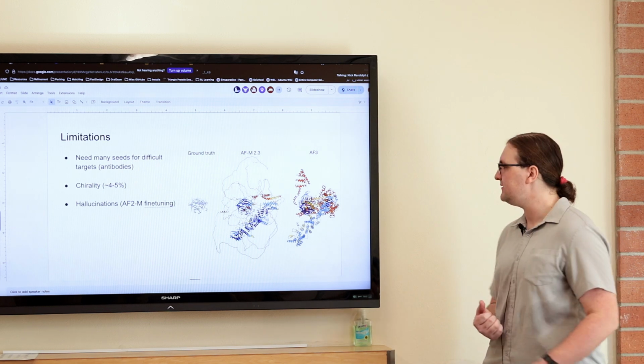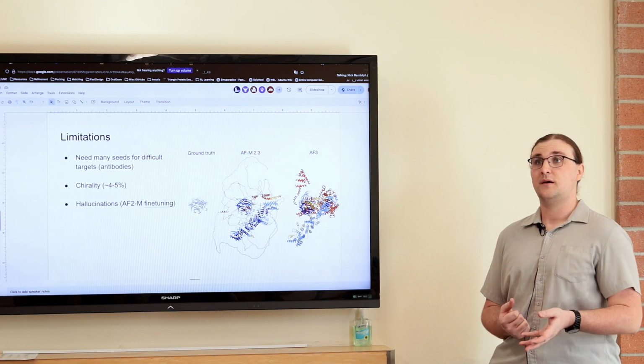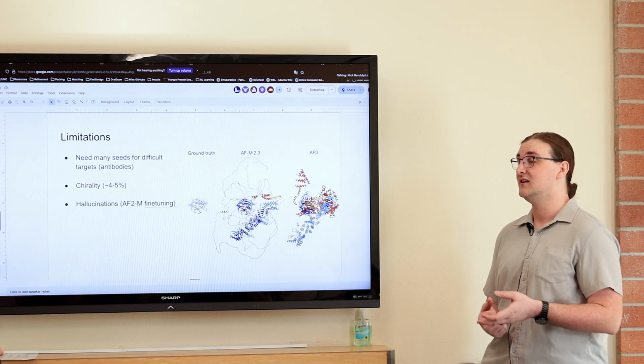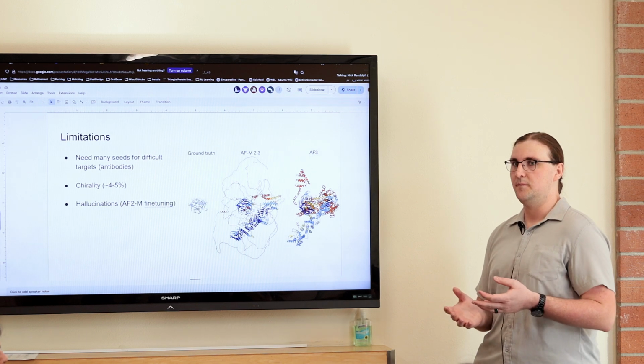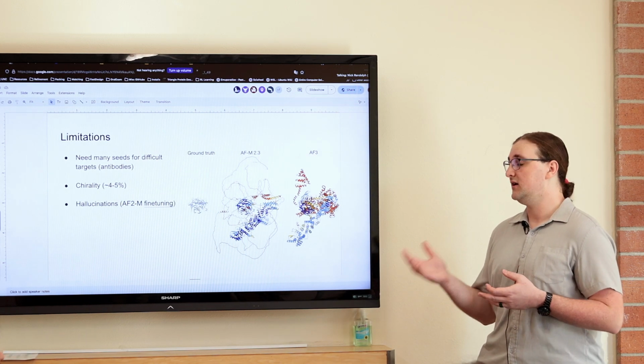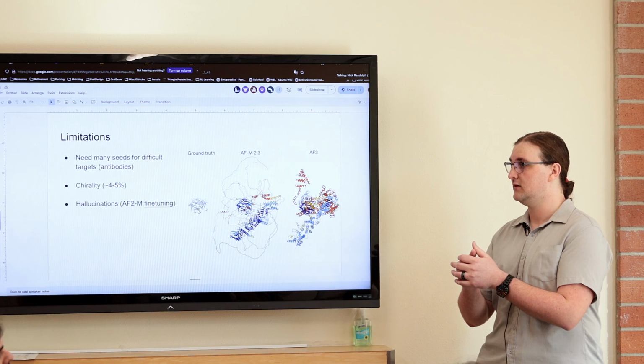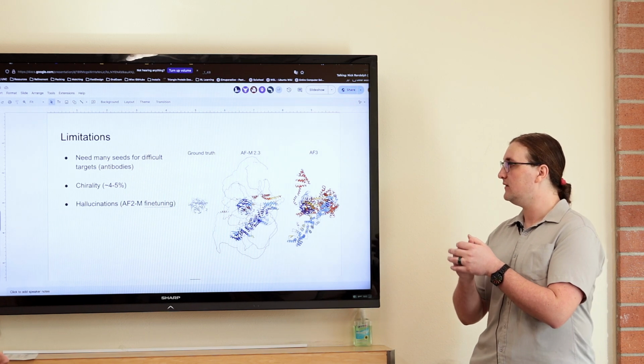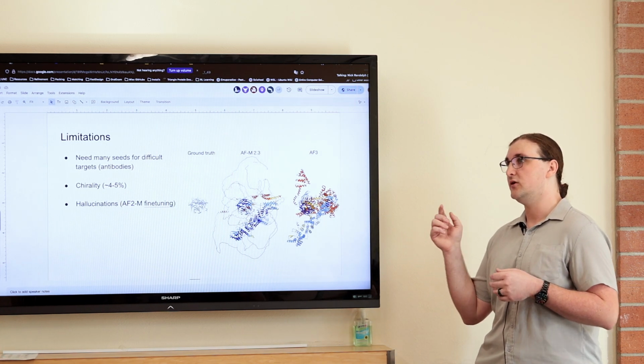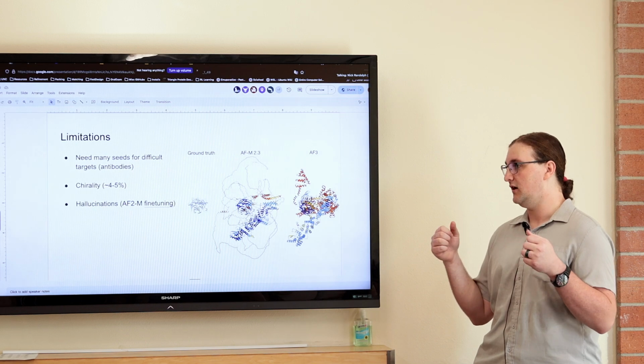I actually missed out on that limitation. Sometimes they have seen a lot of this, so it's not uncommon to see chains that are completely overlapping with other chains. That's mainly because the diffusion loss doesn't incorporate any physics information.